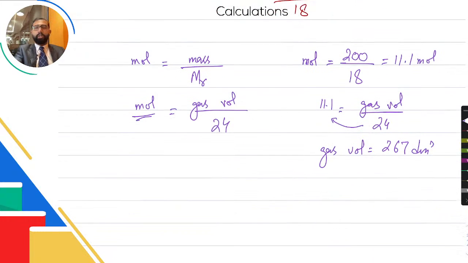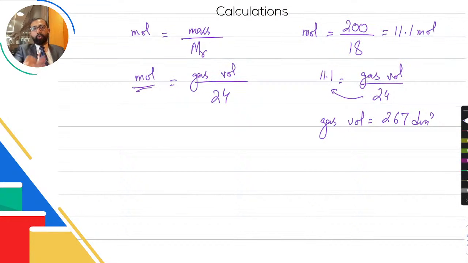So here's how you convert things. Moles, you need to know what you're converting moles from and what you're converting moles to. You can have mass, you can have gas volume, you can have number of particles, you can have concentration and volume, which we'll talk about later on. So whatever information you have, take that formula, take your pick.